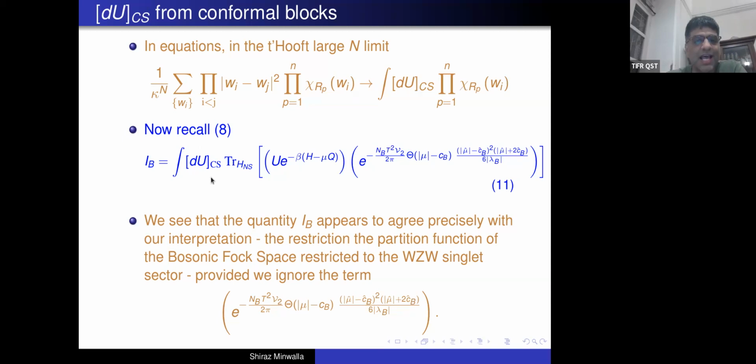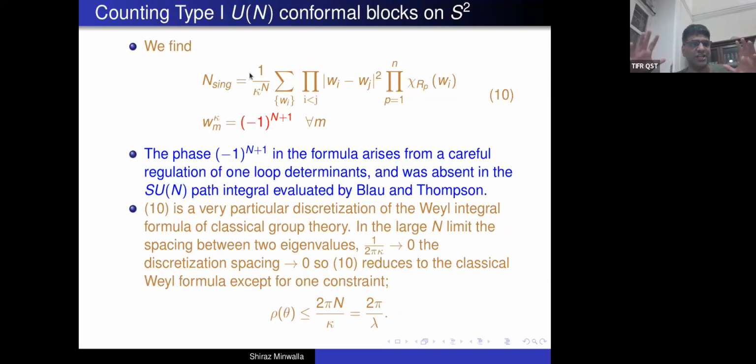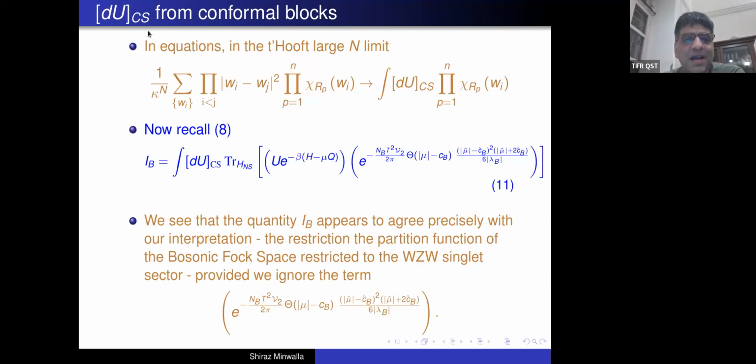So you see that restricting to the number of Wess-Zumino-Witten singlets is simply accomplished by taking a twisted partition function of free bosons and integrating over the Haar measure, but with this new twist.